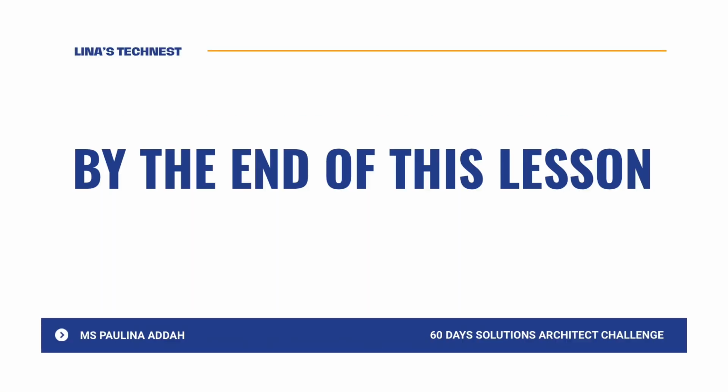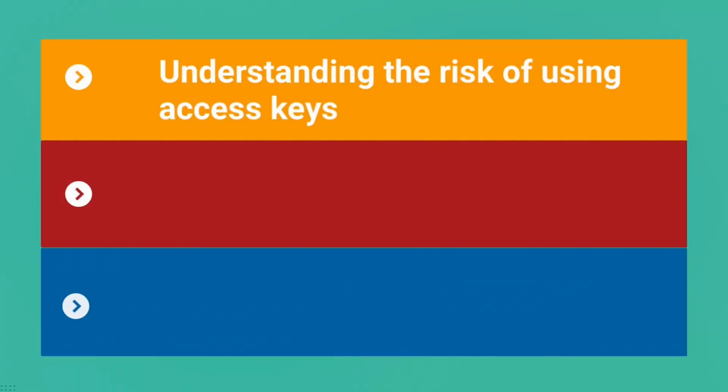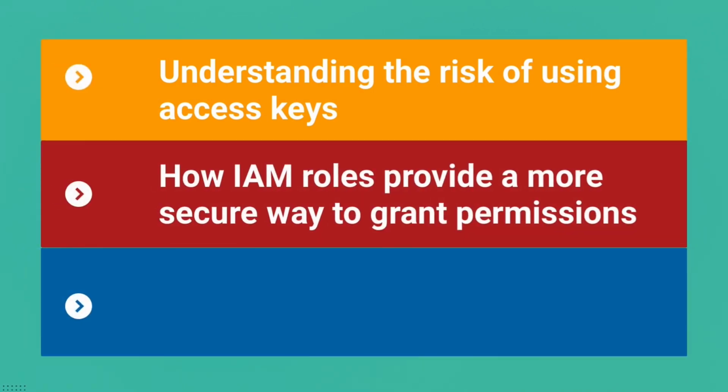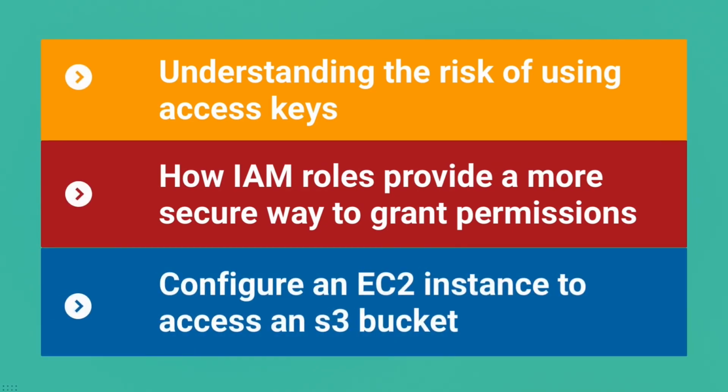By the end of this lesson, we are going to understand the risks of using access keys inside EC2 instances, learn how IAM roles provide a more secure way to grant permission, and then configure an EC2 instance to access an S3 bucket using both methods.